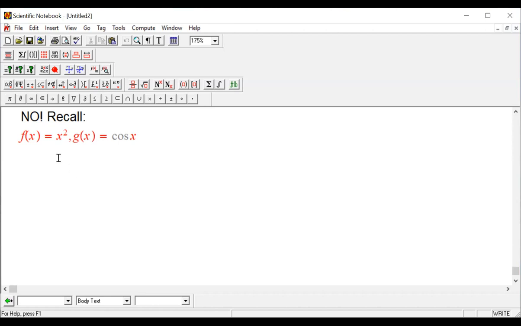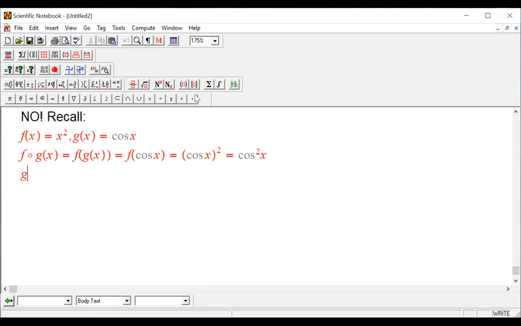So what is f composite g? f composite g is f of g of x, that's f of cosine x, and then we apply f, so cosine x is going to be squared. And that is going to be cosine squared x. That's the same.